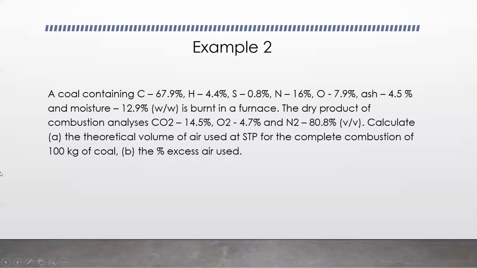In the previous class, we discussed how to solve a combustion related problem. The only trick, the only method that I told you, was to draw a block diagram and then complete it. You need to complete whatever information is required in the block diagram. Once you do that, you will be able to do any other problem easily, right?